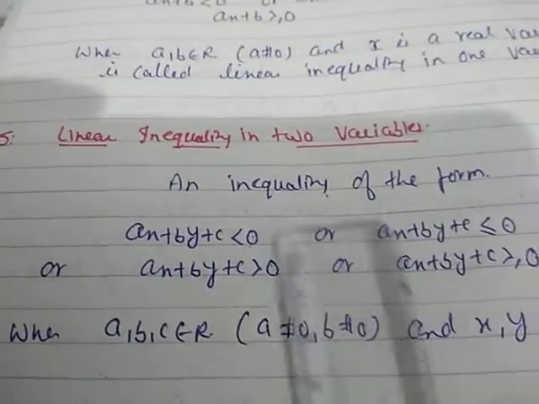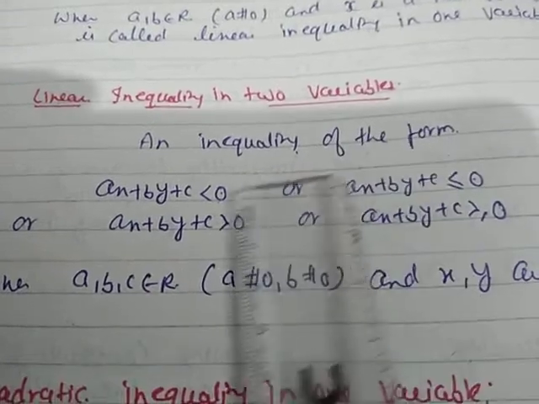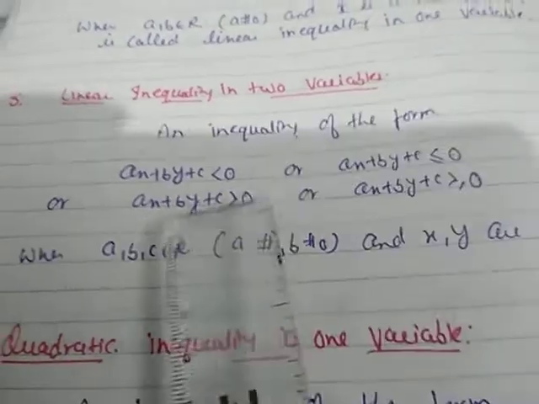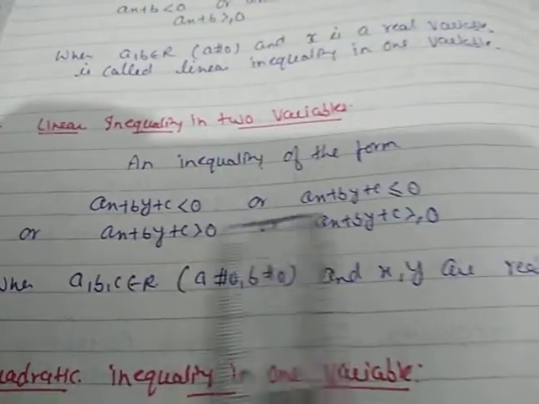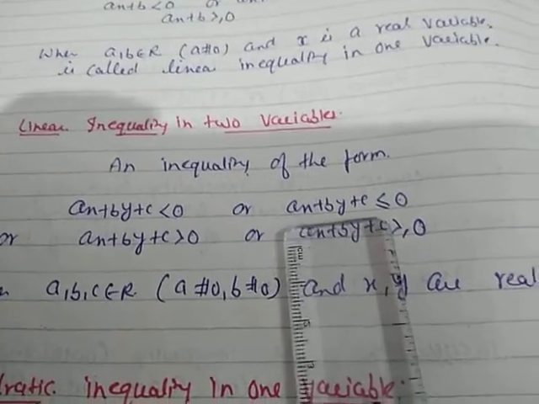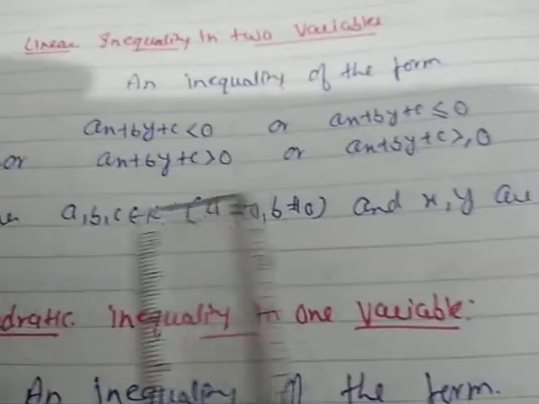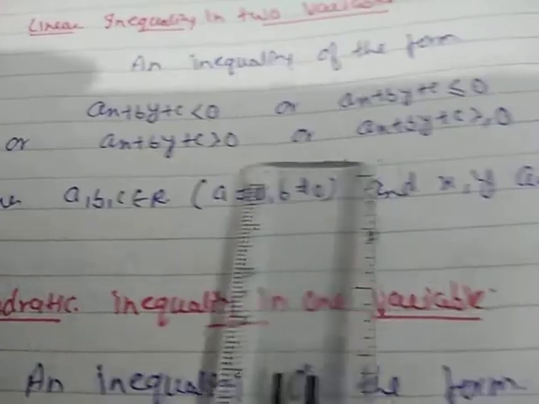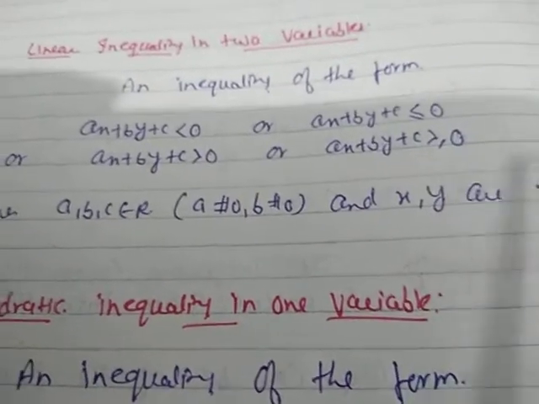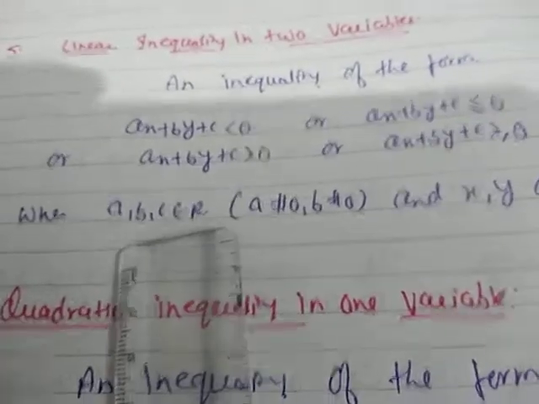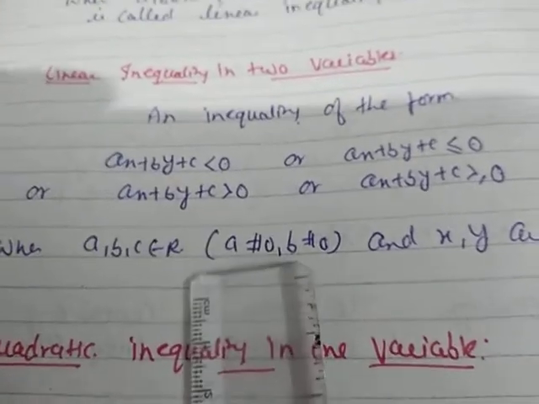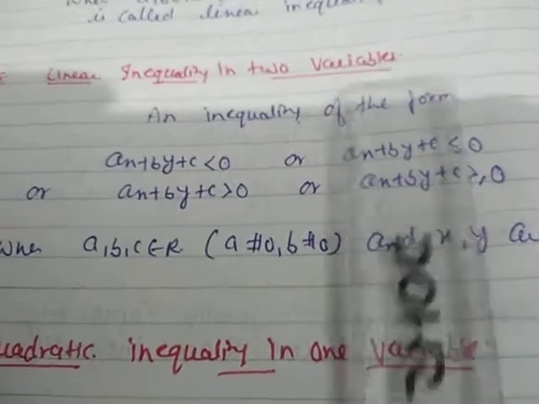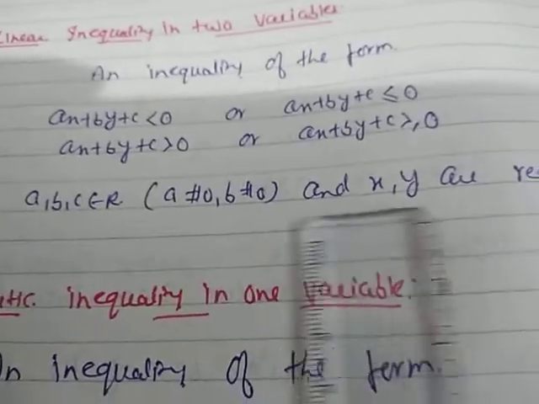Another term is linear inequality in two variables. An inequality of the form ax plus by plus c less than 0, or ax plus by plus c less than or equal to 0, ax plus by plus c greater than 0, or ax plus by plus c greater than or equal to 0, and the mandatory condition is a and b both are not equal to 0 because it is two variables linear inequalities, and a, b, c belong to R and x, y are real variables.